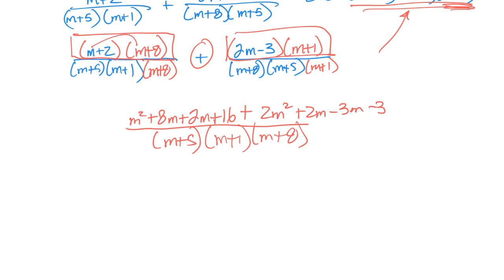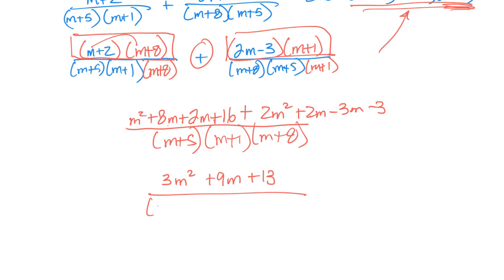I think that's right. Okay, collecting like terms, I'd have 3m squared. 8 and 2 is 10, 12 minus 3 is 9, so plus 9m. And then 16 take away 3 is 13. Let's see if I got everything together there. 8, 10, 12 minus 3 is 9, yeah. And 16 take away 3 is 13, yep.